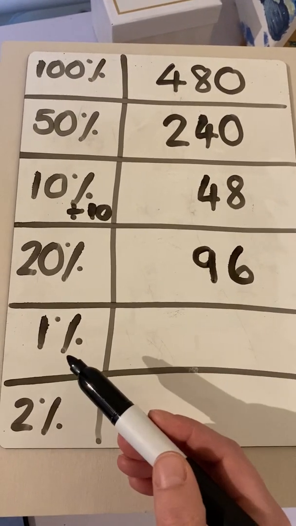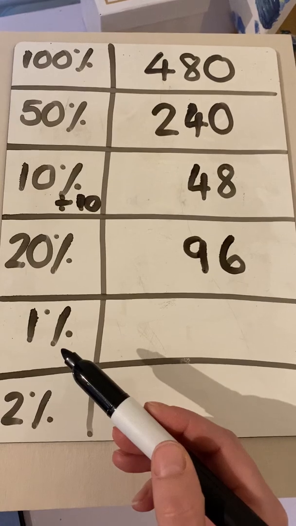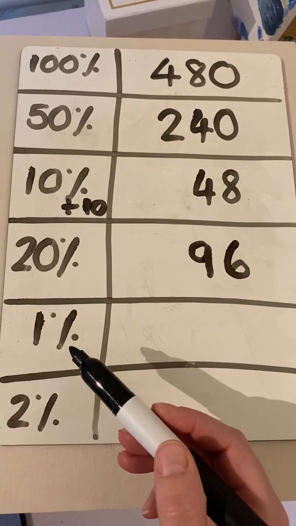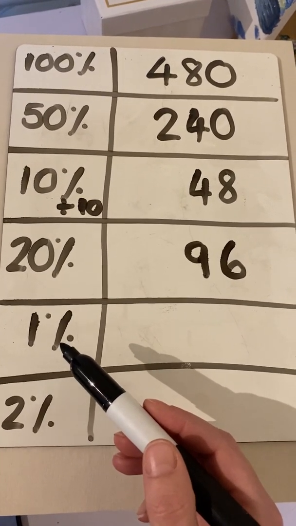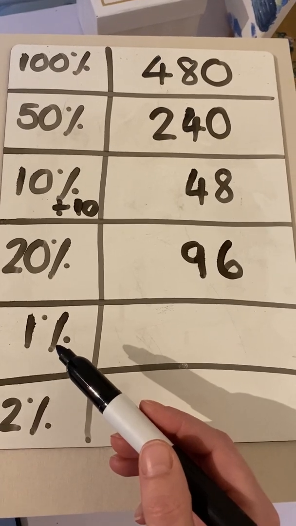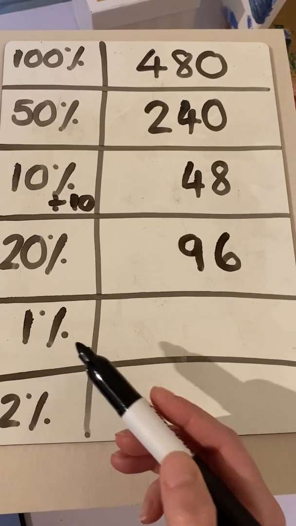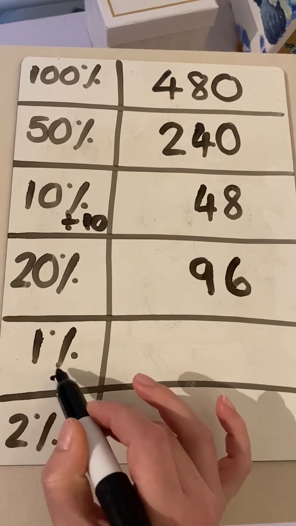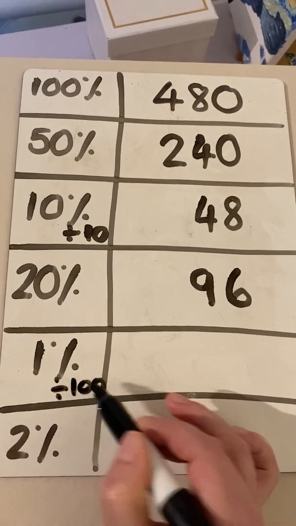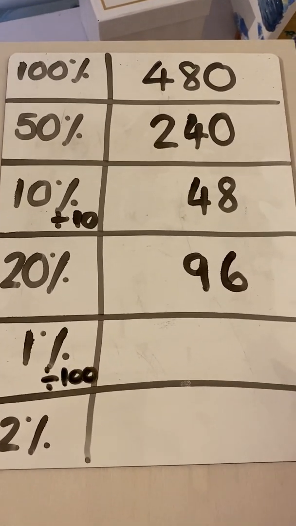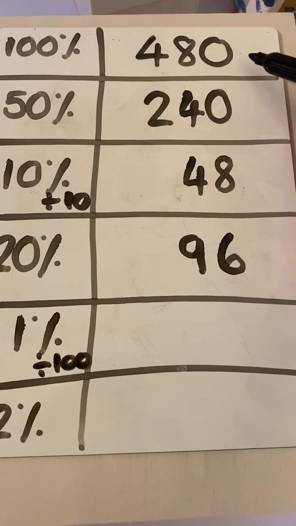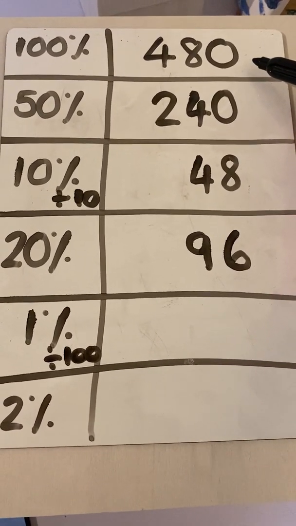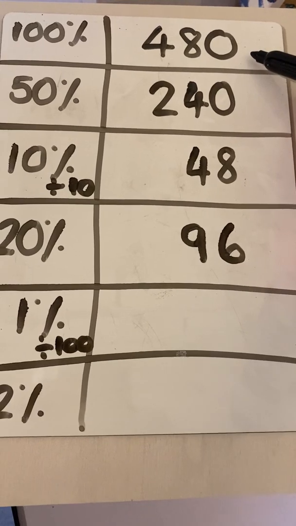Next, I'm going to find 1%. And if I think back to my bead bar, I know there are 100 ones on my bead bar. So to find 1% or one of those beads, I'm going to divide my total number by 100. So I'm using my place value again. I'm going back to my 480, my full number, and I'm going to divide it this time by 100.